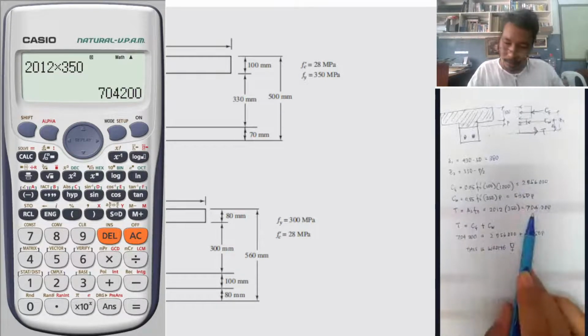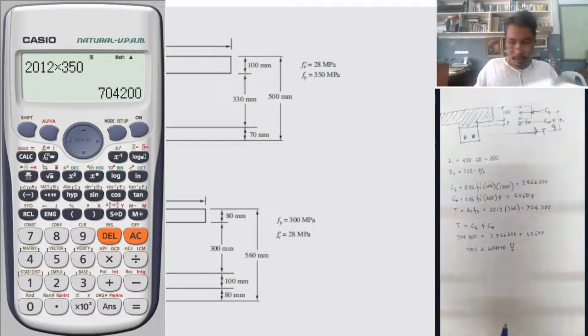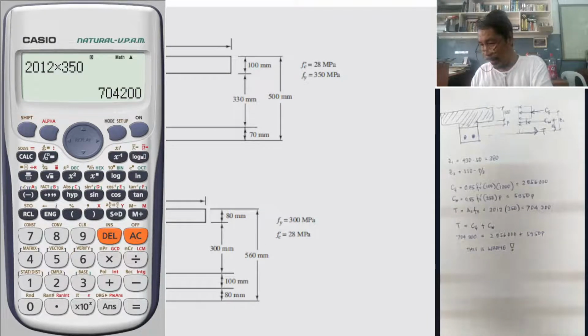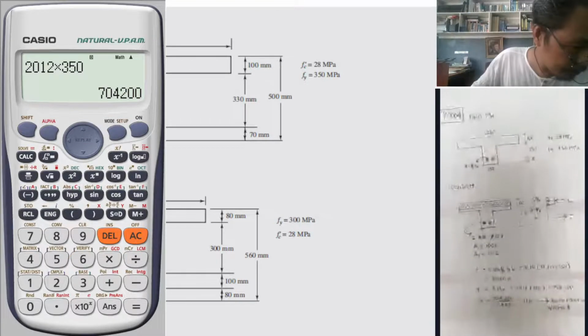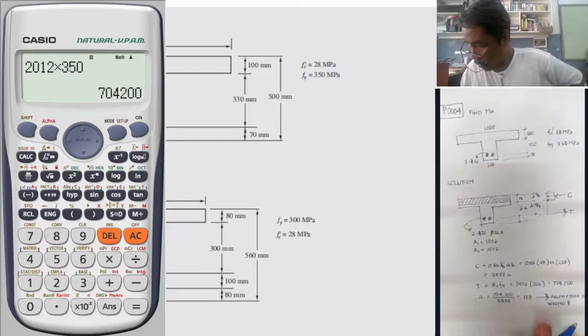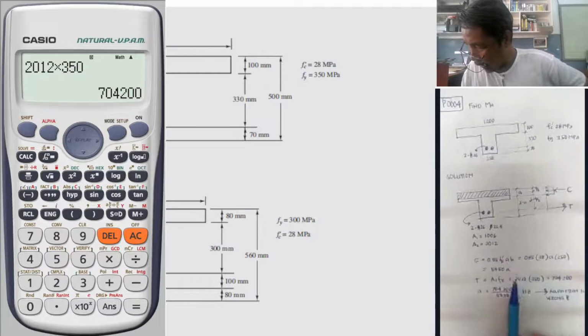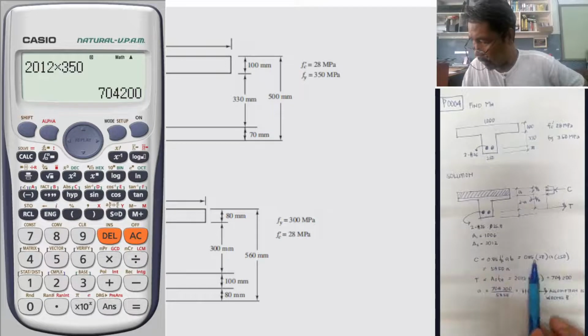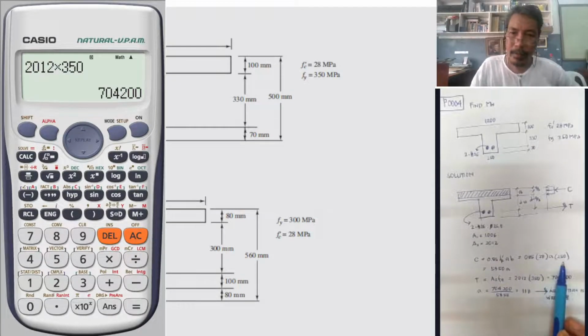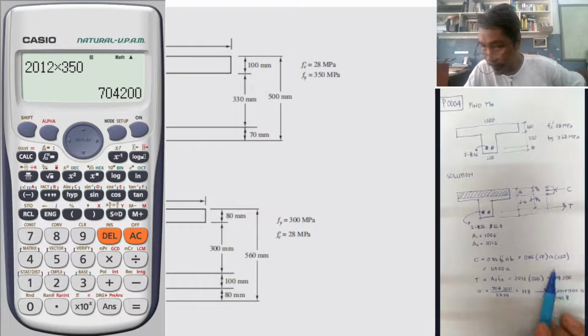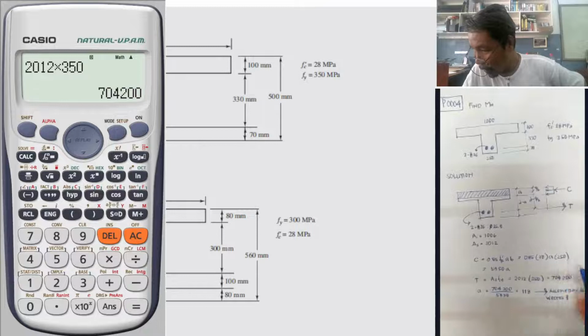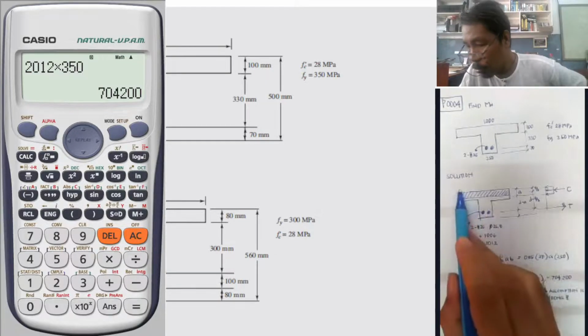Okay? So therefore, let us go back here and analyze further. Okay? So C 0.85 f'c Ab. We can find out now that the mistake must be this one, because Ab, b is not 250. b is 1,200.